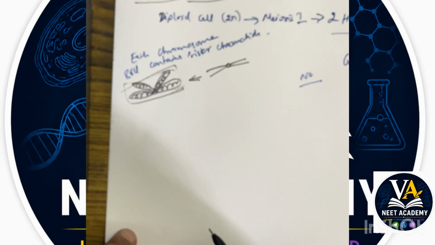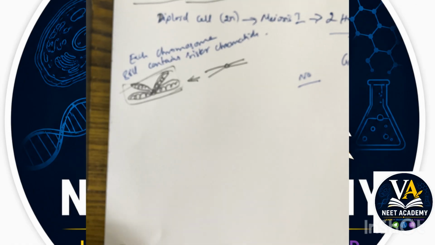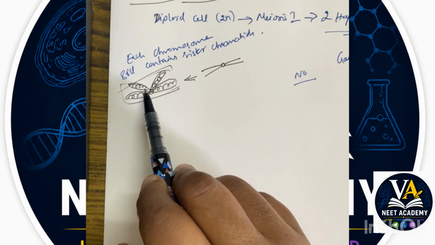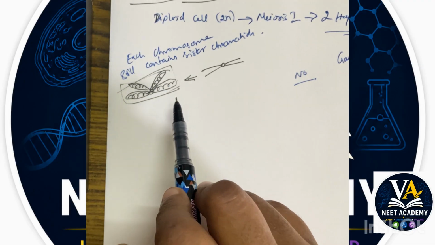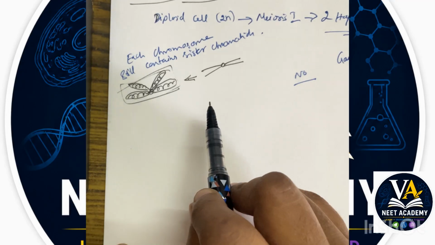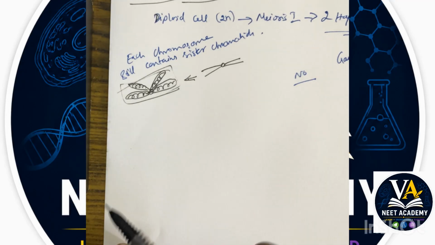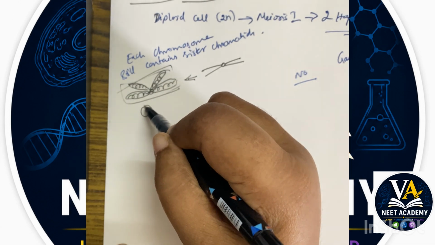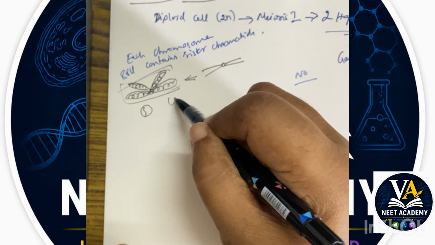So this is what has to happen in meiosis II. In meiosis I, these are not gametes because each still contains two sister chromatids. So you have to reduce the cell in such a way that each cell contains only one chromatid.